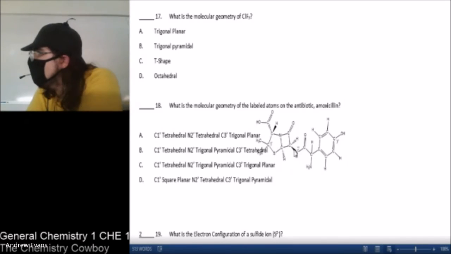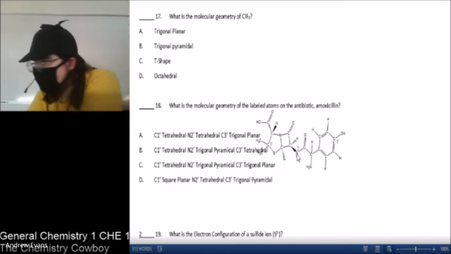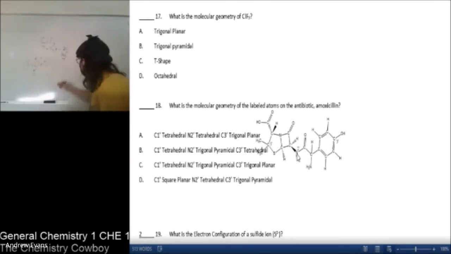A lone pair. That is trigonal pyramidal. Okay, so the thing here, we're looking at this structure. We're looking at wedge, dash, H for nitrogen. Nitrogen should have 5 valence electrons. How many electrons does it need to have an octet? And how many do you see right there?